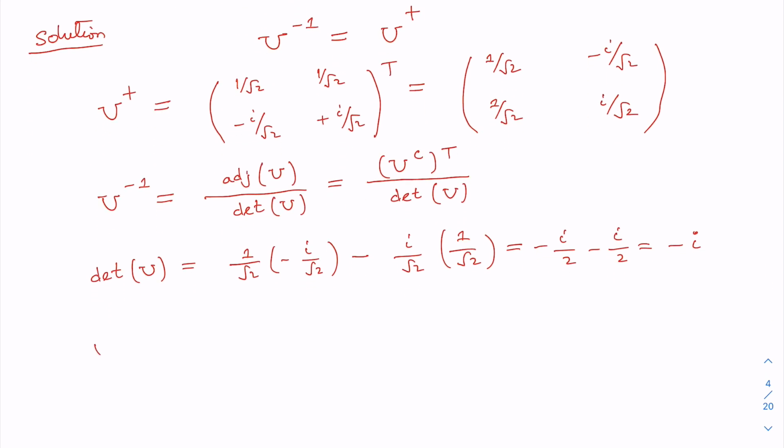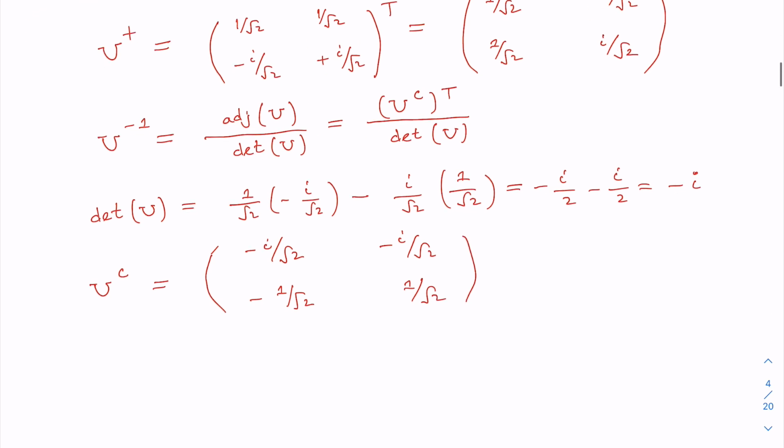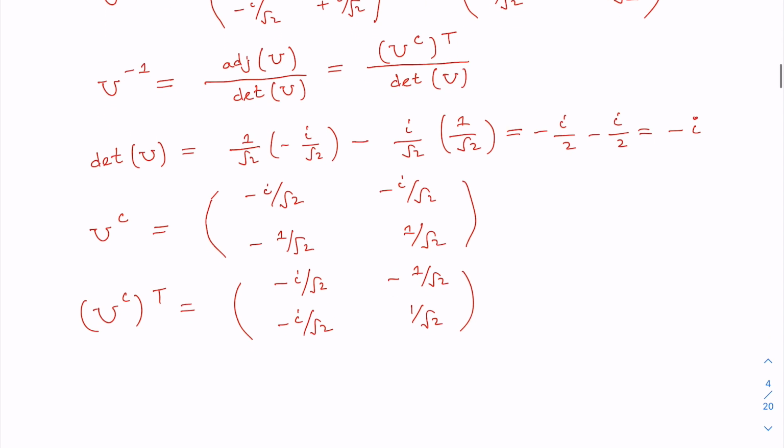Now what about the cofactor matrix of U? So U^C would be equal to, I hope you know how to do it. You will find that this would be minus i by root 2, minus i by root 2, minus 1 by root 2, and 1 by root 2. Then if you take the transpose of it, you will get minus i by root 2, minus i by root 2, minus 1 by root 2, plus 1 by root 2.